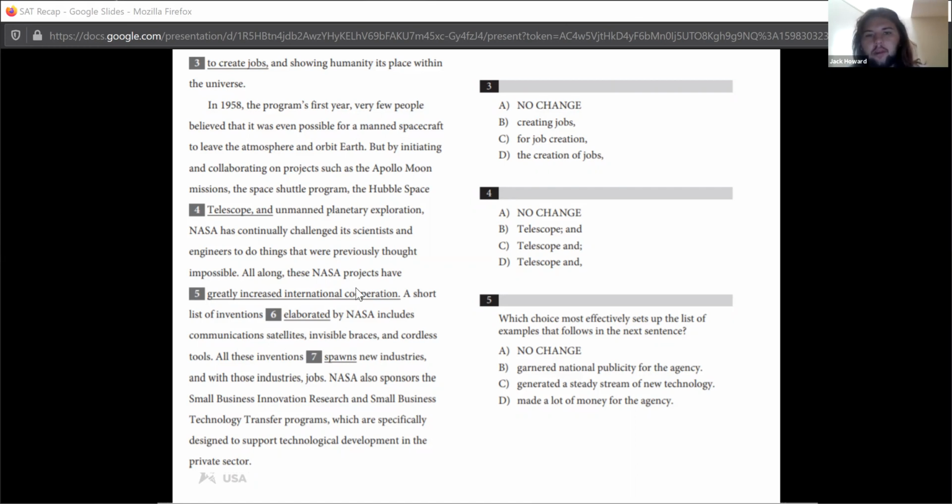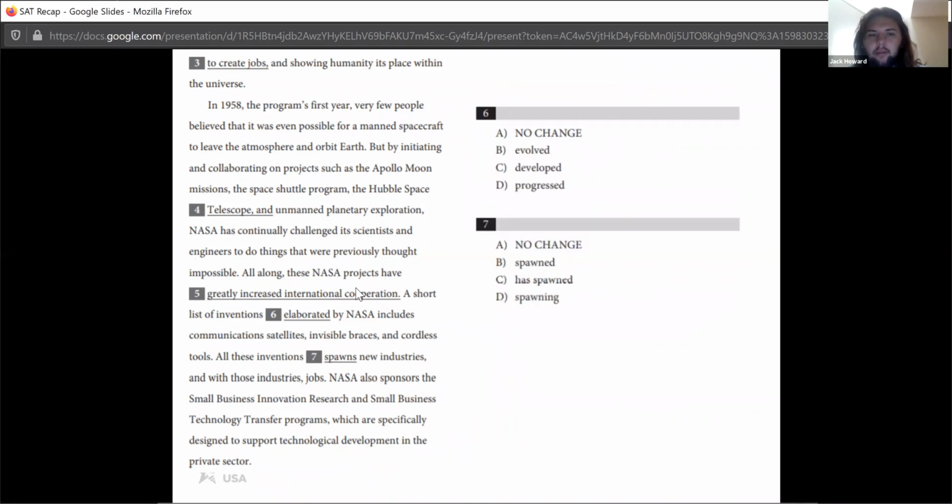Okay. Sticking with this passage, but with new questions, let's take a look at 6. I'll give you all a second to take a look at it.